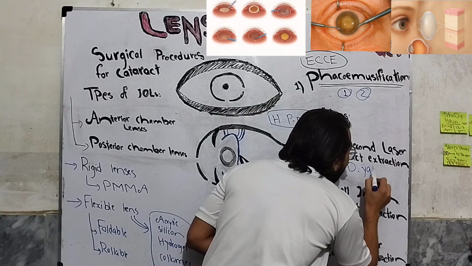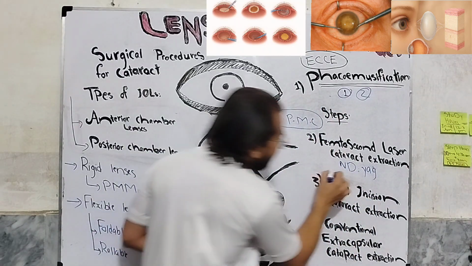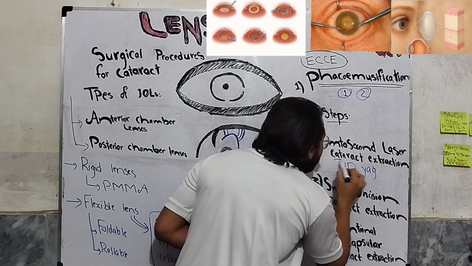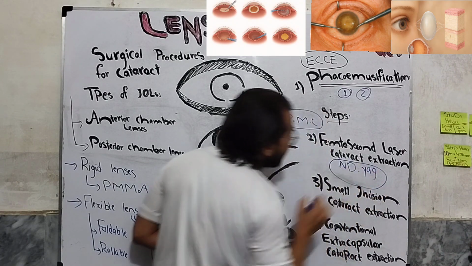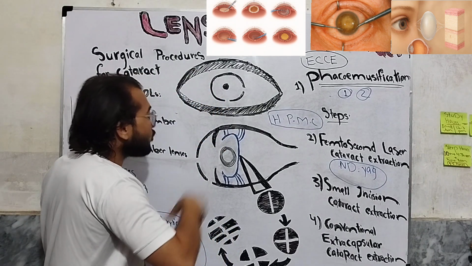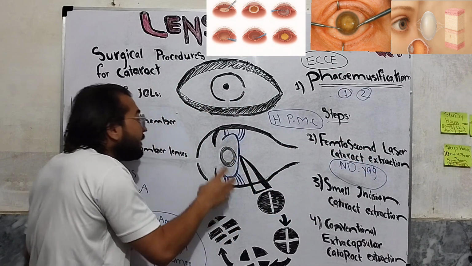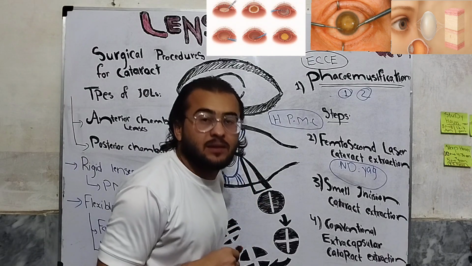This is a very ultra short pulse laser, and this is a recent procedure which is approved by the FDA. So remember, all the steps are similar, only we are doing all these steps with laser.